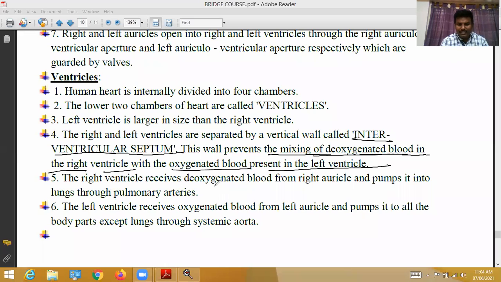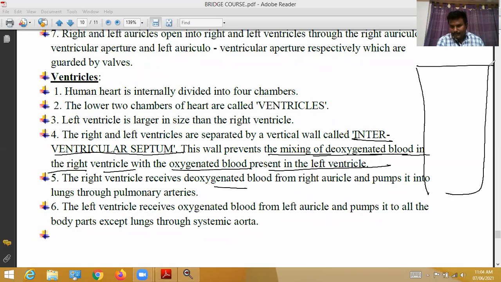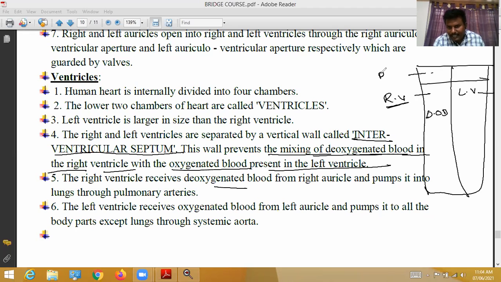The right ventricle receives deoxygenated blood from the right auricle through a hole and pumps it into the lungs through the pulmonary artery.